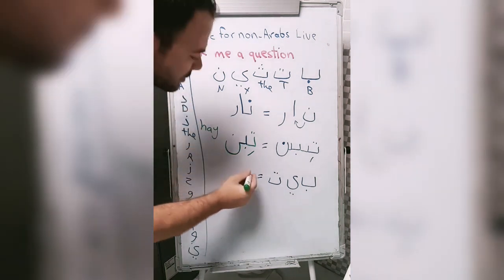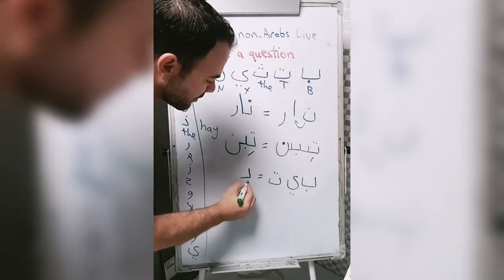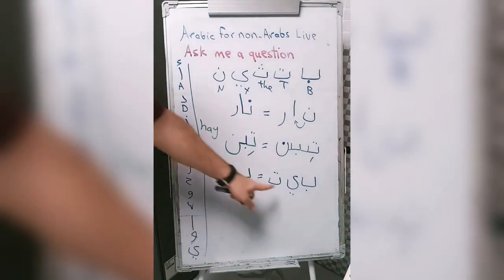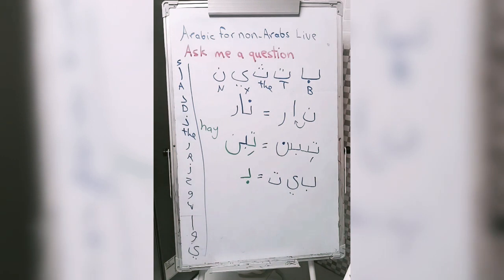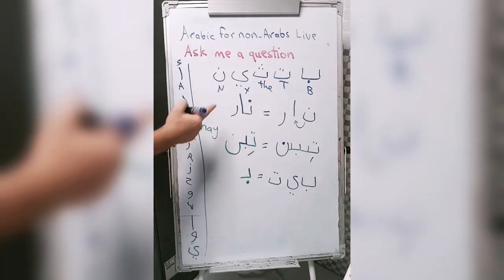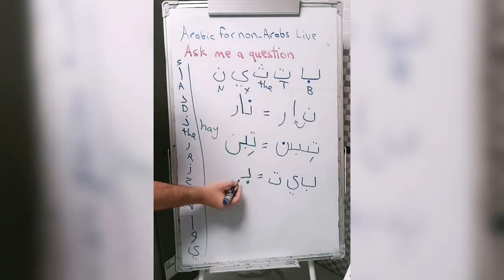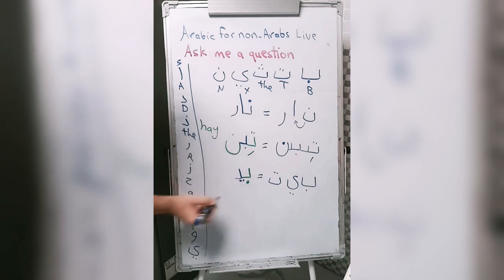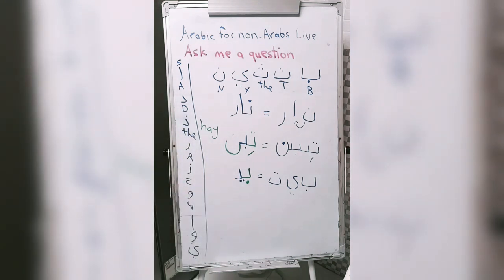First letter is ba, chop his arm. What about E in the middle? E in the middle, although it looks in this way, is going to be in the same way like ba. It's going to be bay in this way.